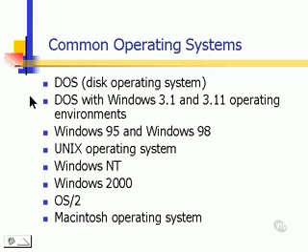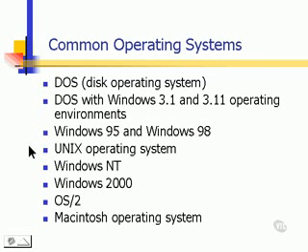Also was the first time that a lot of people used a mouse. Windows 95 and Windows 98 are the newer operating systems that have more features than Windows 3.1 and 3.1.1. We'll be discussing all of these operating systems in greater detail in later lessons.